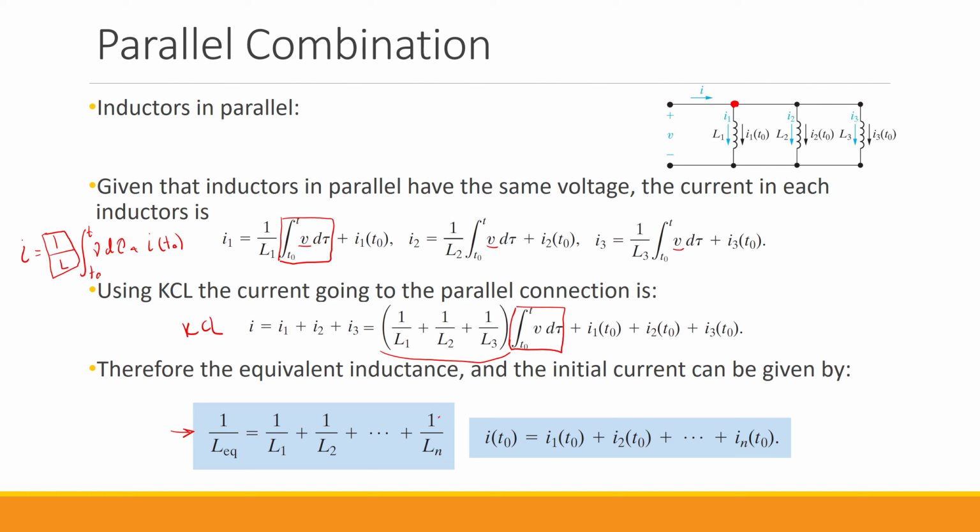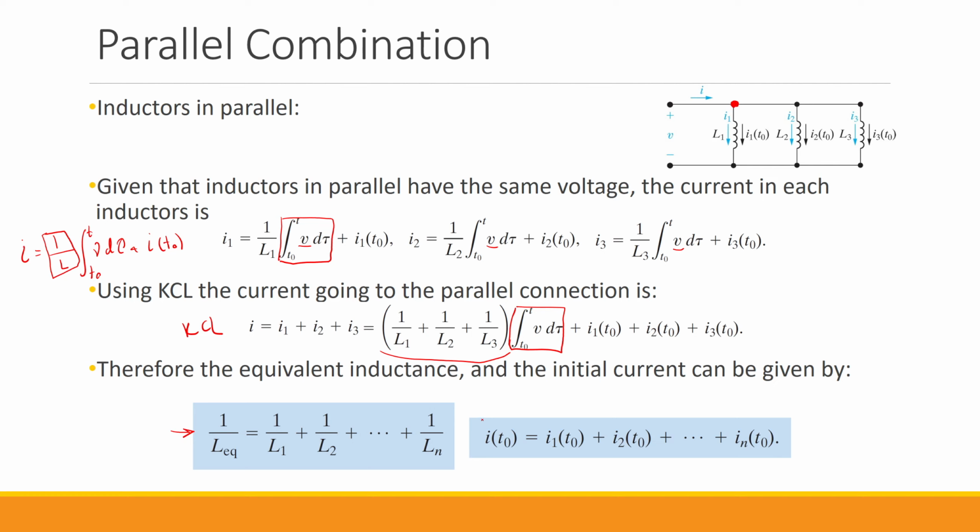Again, this is a similar situation to what we had with the resistors. If we had a bunch of resistors connected in parallel, 1 over the equivalent resistance was the summation of 1 over the individual resistors: 1 over R1 plus 1 over R2 all the way to 1 over Rn.